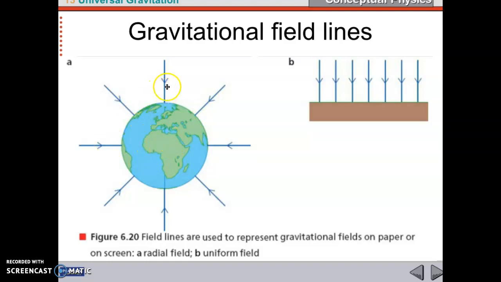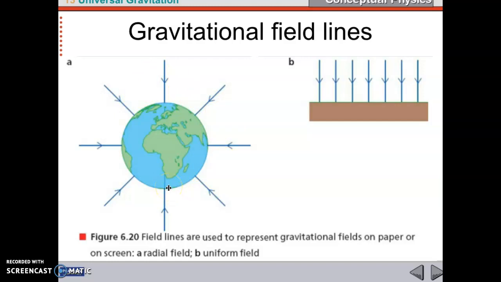The distance between the field lines is very important. This diagram shows that the distance at the same height is constant. That means that for any given height, the value of g, the field strength, is constant. So you must show that by showing the same space for the same value of g.